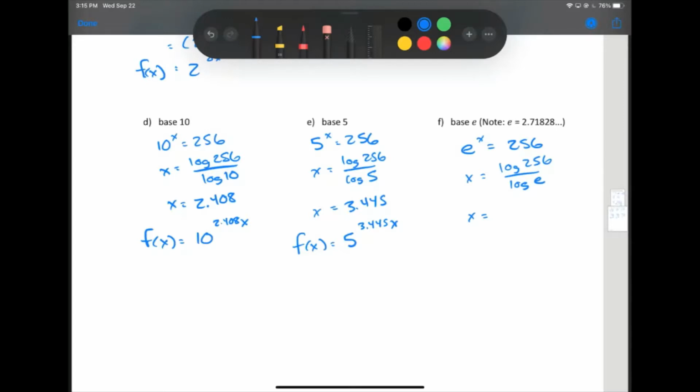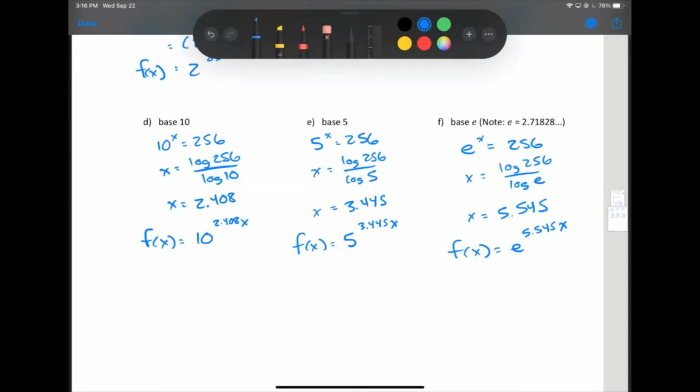So 256 log divided by 2.71828 log equals 5.545. And so I could write f(x) as e to the exponent 5.545x.